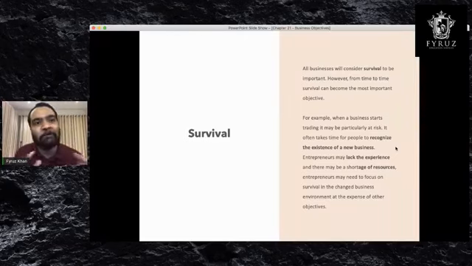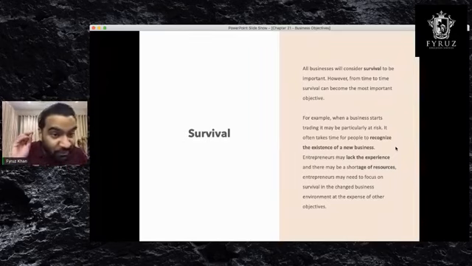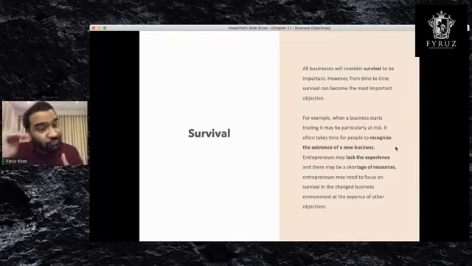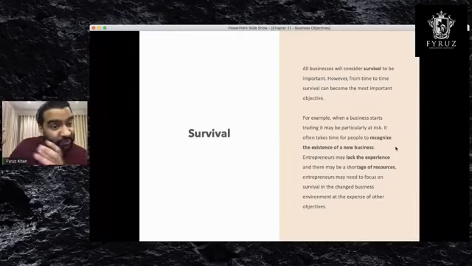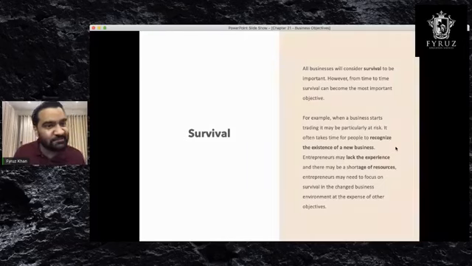Survival means just barely getting by. You just want to pay off your bills. You don't want to make too much profit. You also don't want to make too much loss, probably break even. You want to make sure you pay your bills like rent, electricity bills, wages, and you just want to survive because you're a new company.